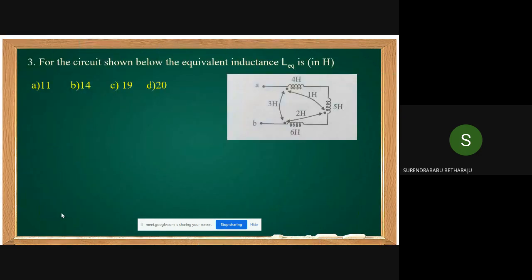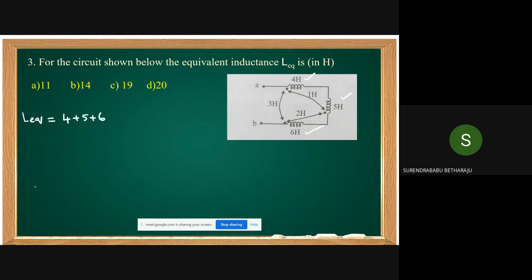For the circuit shown below, the equivalent inductance is dash. Come on, do this. In this circuit, what is the equivalent inductance? L equivalent equals, yes, friends, first add all the self inductances: 4 plus 5 plus 6.